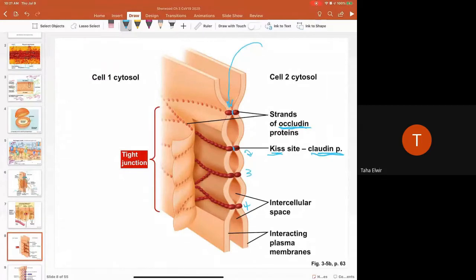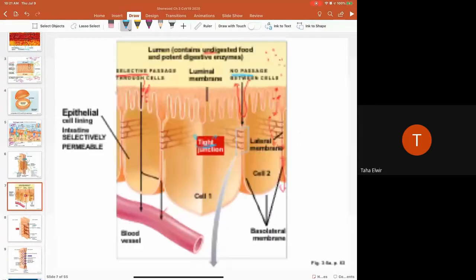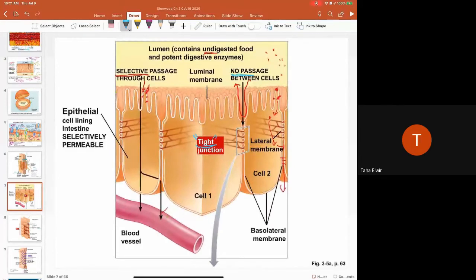And as I said, we'll talk in 302 about that particular problem, but you don't need to know about it at this time. You just need to know tight junctions. So tight junctions force the cells to be selectively permeable.